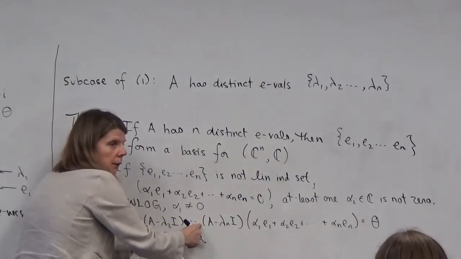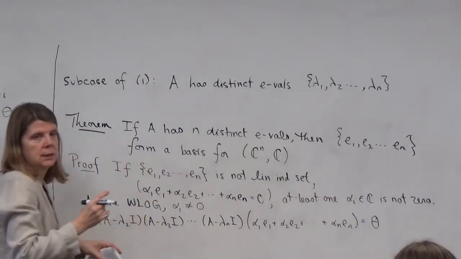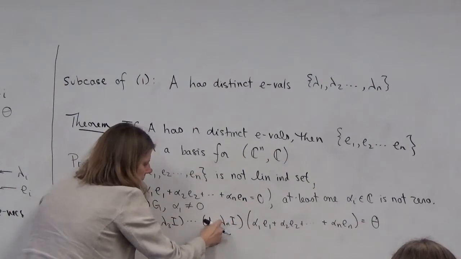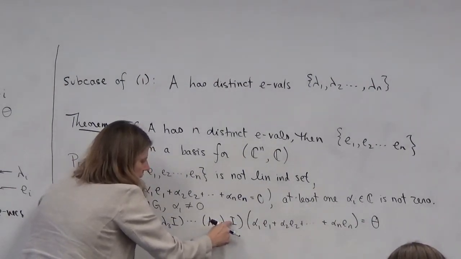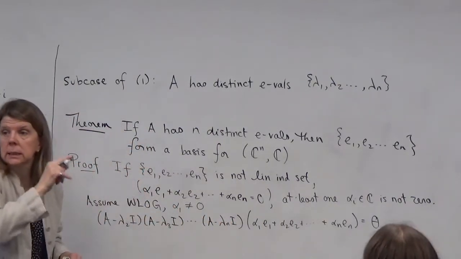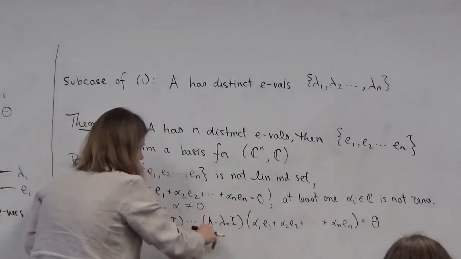I can put it here. E1 is an eigenvector of A corresponding to eigenvalue lambda 1. So when you bring the E1 in, you're going to get A E1 minus lambda n times E1. But A E1, by definition, is lambda 1 E1.